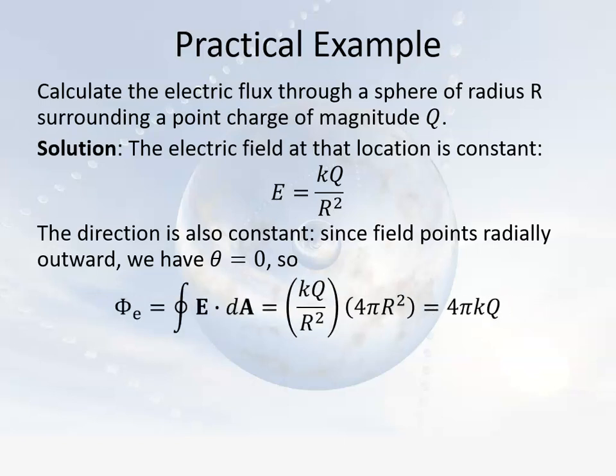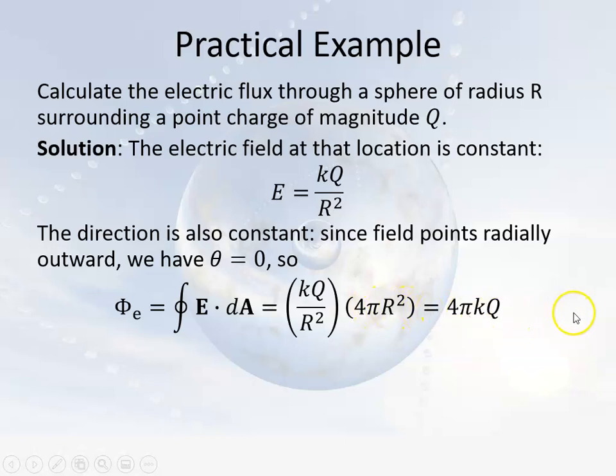So the integral becomes trivial. In other words, your electric field is constant. We're going over the whole surface of the sphere, so the area is known to be 4 pi r squared. You'd better have that memorized by now if you're taking this course. So, since the electric field is a constant kq over big R squared, the area is 4 pi big R squared. Look at that.